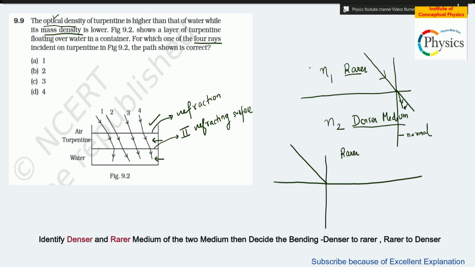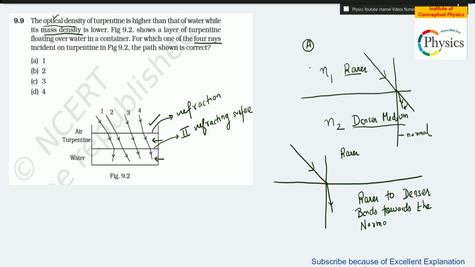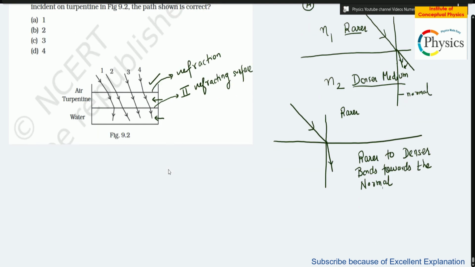Draw a normal here, and the ray of light will bend towards the normal. This is the way you need to look at it. This is rule number 1 that you need to follow: for rarer to denser, the ray of light bends towards the normal.